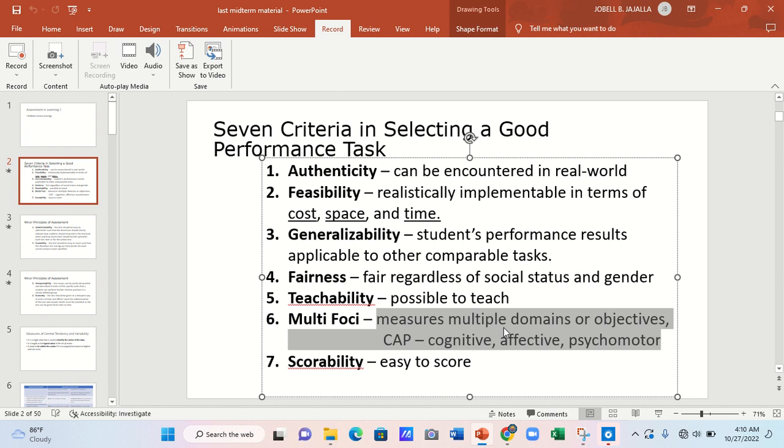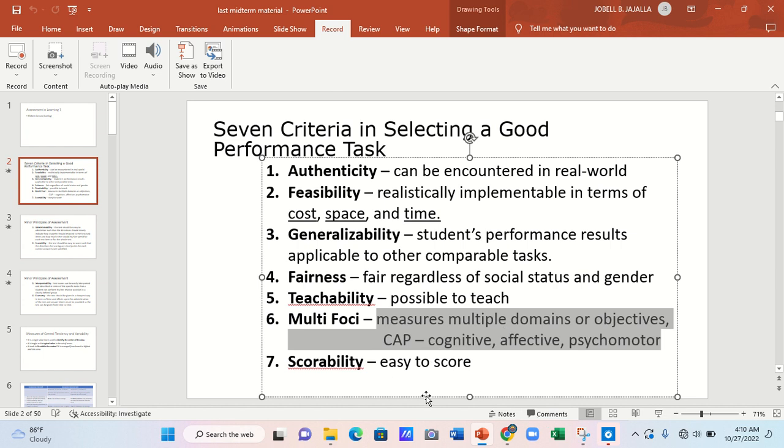Foci is the plural form of the noun focus. The plural of focus is not focuses, it is foci. Focuses is the singular form of the verb focus.